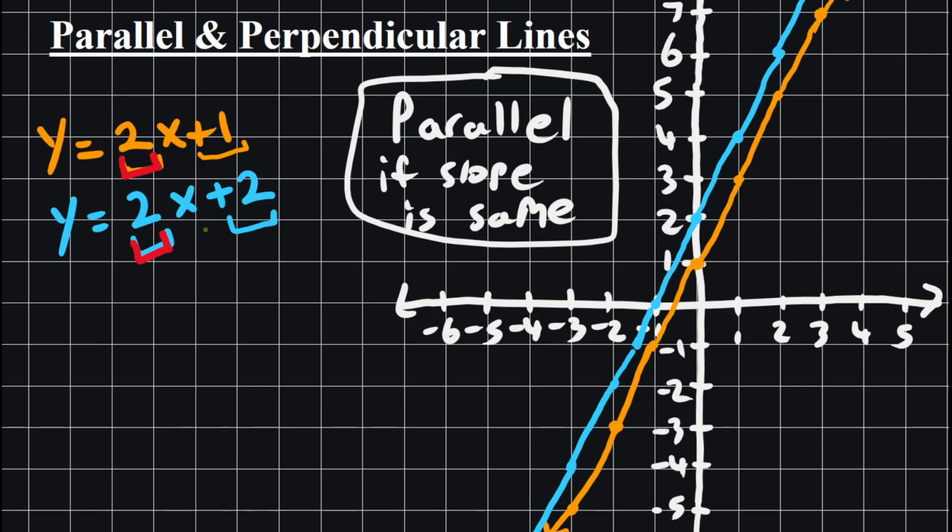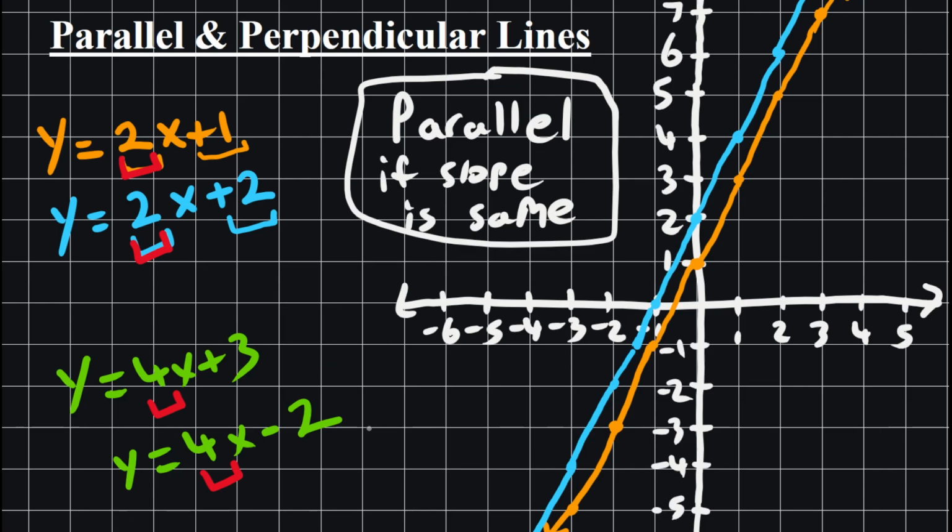So just another quick example, if we had two lines, without even graphing these equations, if we had y equals 4x plus 3 and y equals 4x minus 2, right away, before even graphing them, we know that they are parallel. Why? Because they have the same slope right here, 4 and 4.